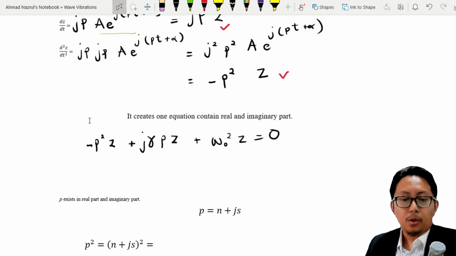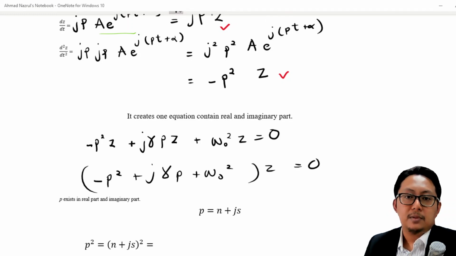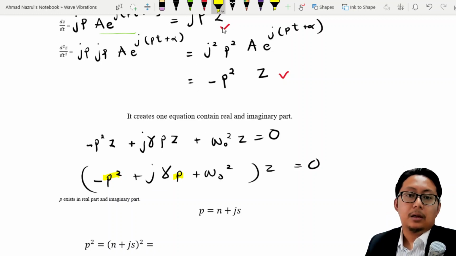Then we can use minus p square plus j gamma p plus omega naught square, z0. Right now we have something interesting because this p appears in two places, okay? One in the real part and another in the imaginary part.